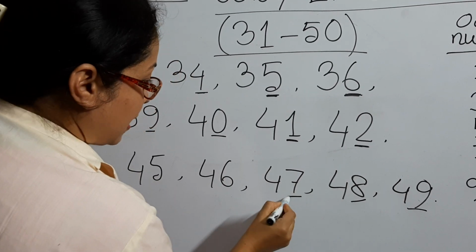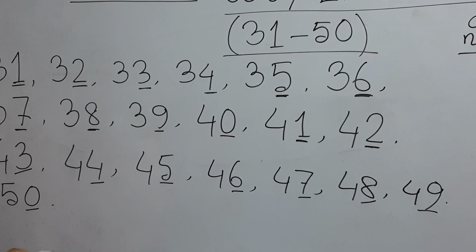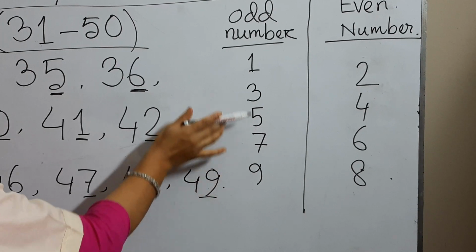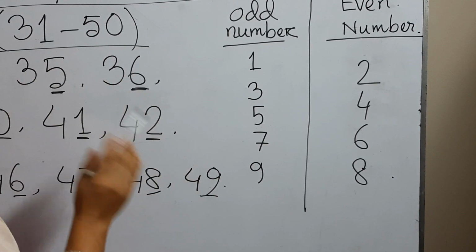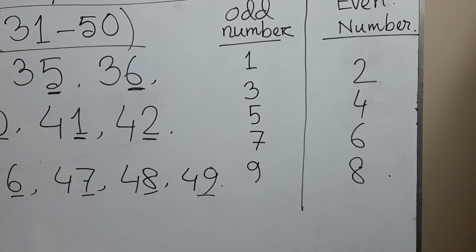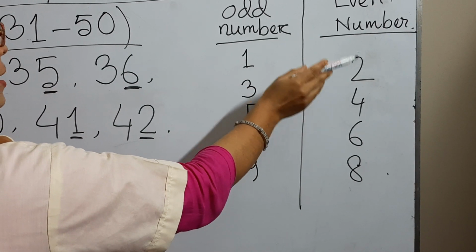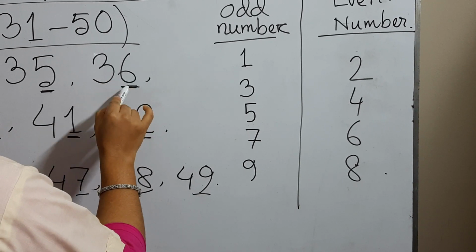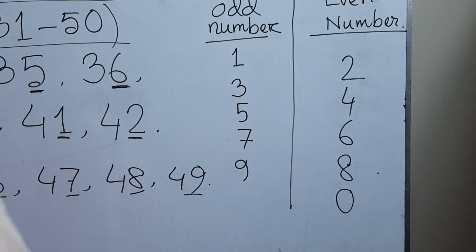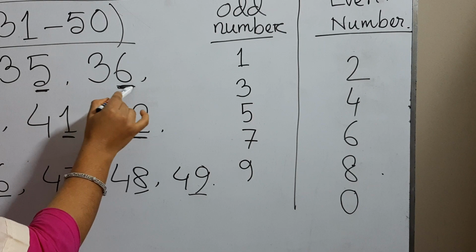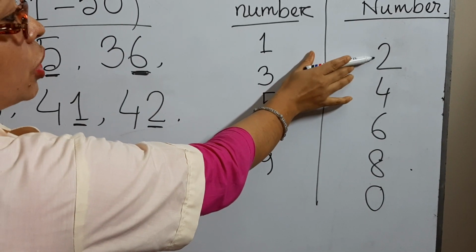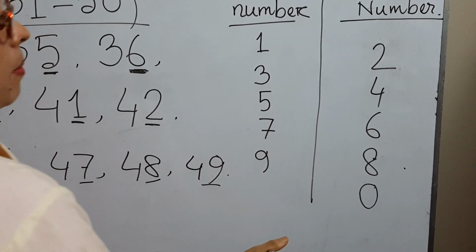It's clear, no? This is the last digit. If the last digit, that means the ones place, is 1, 3, 5, 7 or 9, then all those numbers will be odd numbers. And if the last digit is 2, 4, 6, 8 or 0, that number will be an even number.